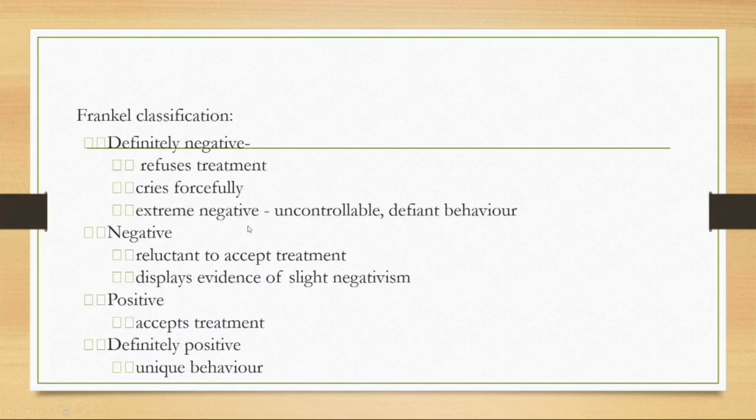In definitely negative, as the name suggests, they refuse treatment, cry forcefully, and show very negative, uncontrollable, and defiant behavior. Whereas negative means they are reluctant to accept treatment and display evidence of slight negativism. Positive means they accept treatment. Definitely positive is unique behavior: they are pleasant, they accept treatment without much problems.